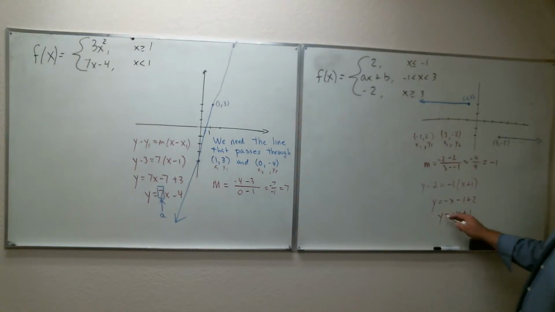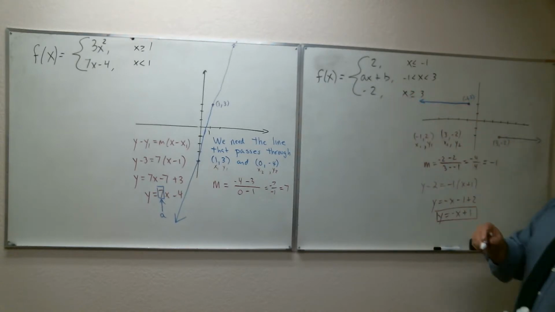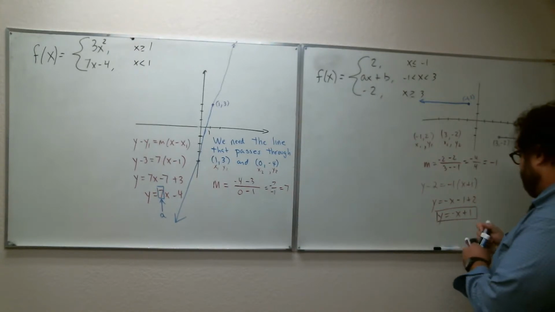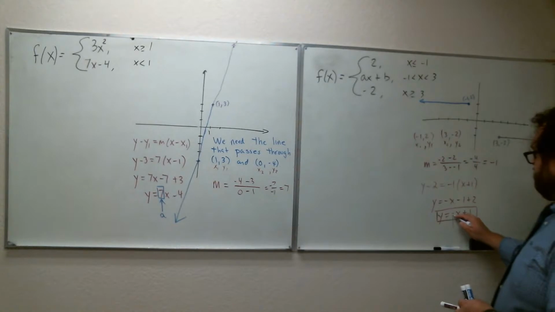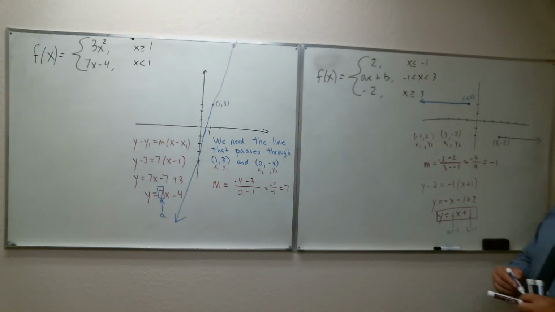So here is the linear equation that makes sure we bridge this gap without any holes or jumps. So specifically, A equals -1 and B equals 1.